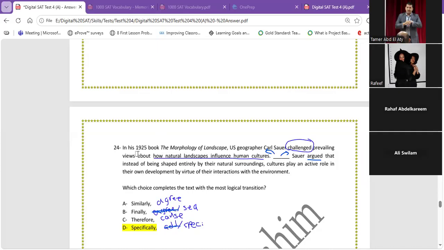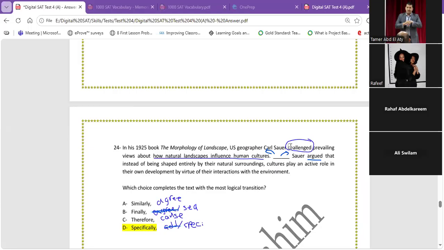In his 1925 book, The Morphology of Landscape, U.S. geographer Carl Sauer challenged prevailing views about how natural landscapes influence human cultures. Sauer argued that instead of being shaped entirely by their natural surroundings, cultures play an active role in their own development by virtue of their interaction with the environment.